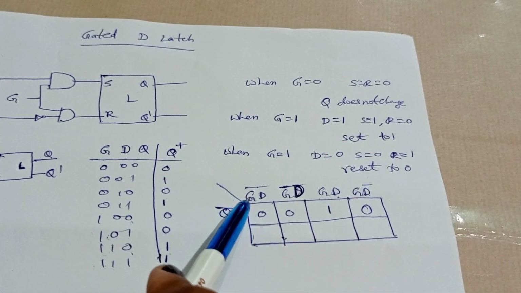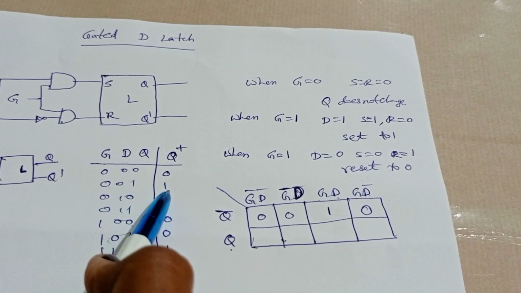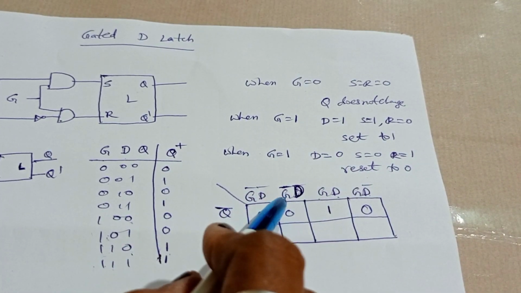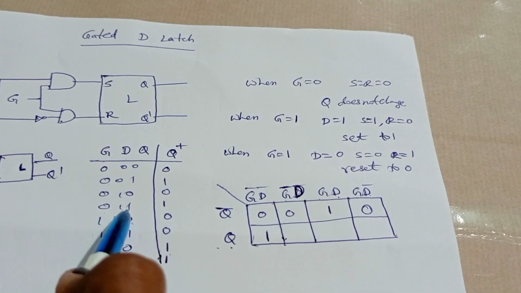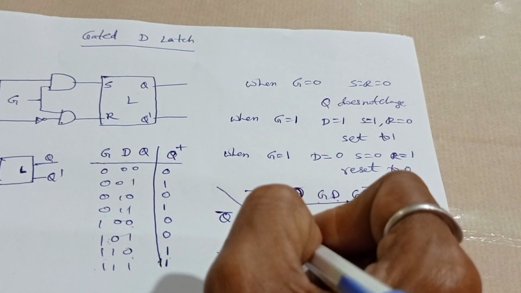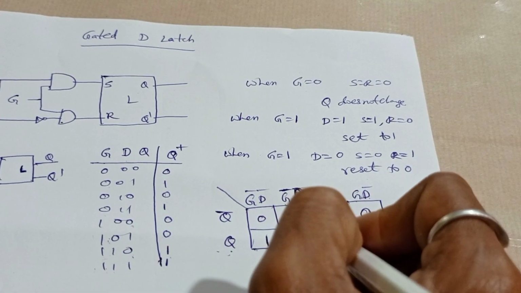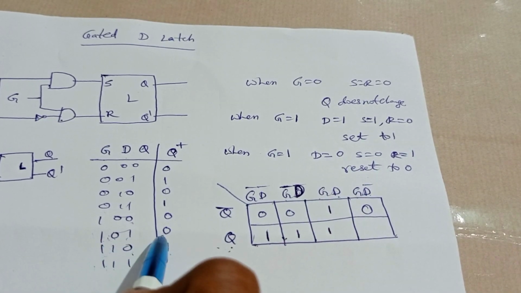Next 0 0 1, the value is 1, output next state. Next 0 1 1, the next state is 1. Next 1 1 1, all ones, output is 1.